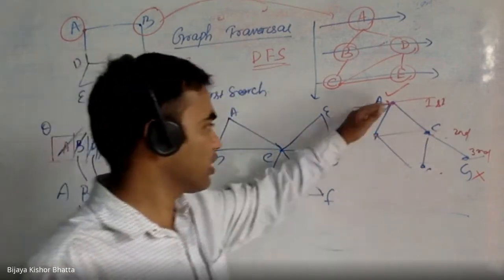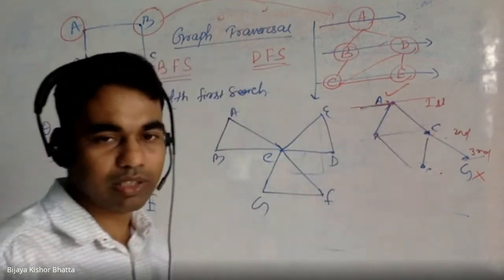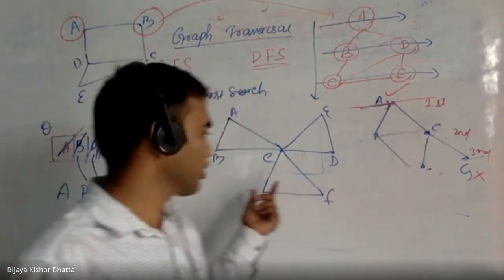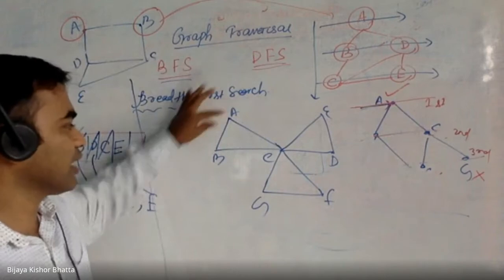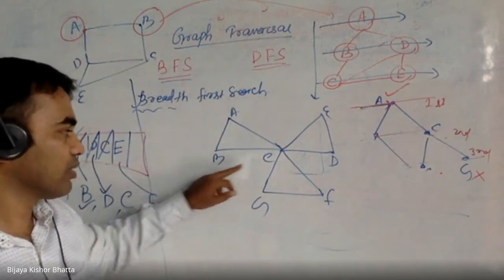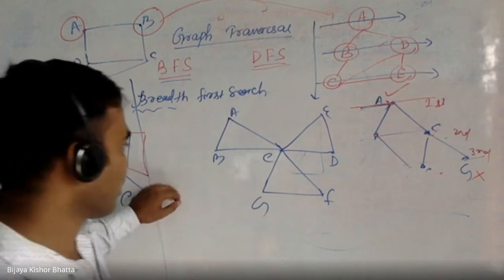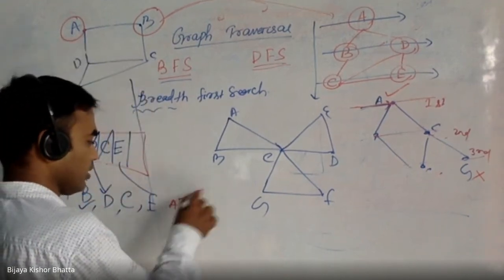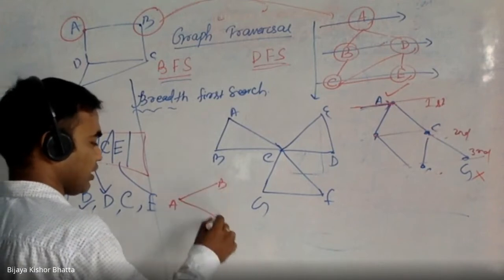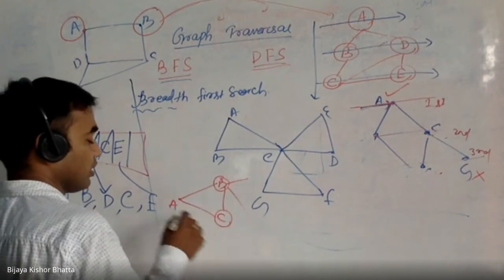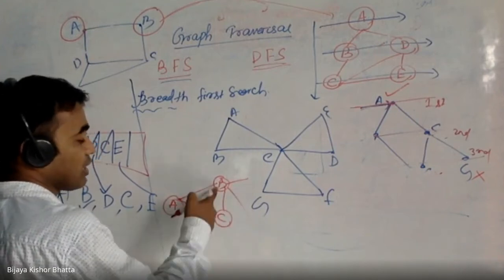Because this was just a way of representation, that's why you are able to say which is left and which is right. But if you look at the graph, you cannot say who is left or who is right. One vertex could be A, then B and C, and they are connected. For A, you cannot say whether C is left or B is right.